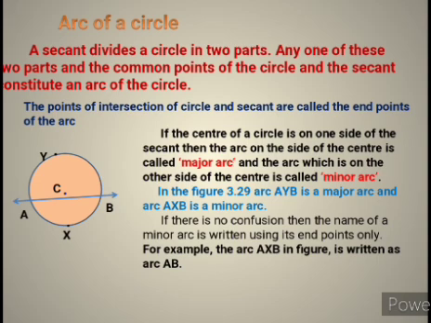If there is no confusion, then the name of a minor arc is written using its endpoints only. For example, the arc AXB in the figure is written as only arc AB. Here not three letters, only two letters are written: AB.